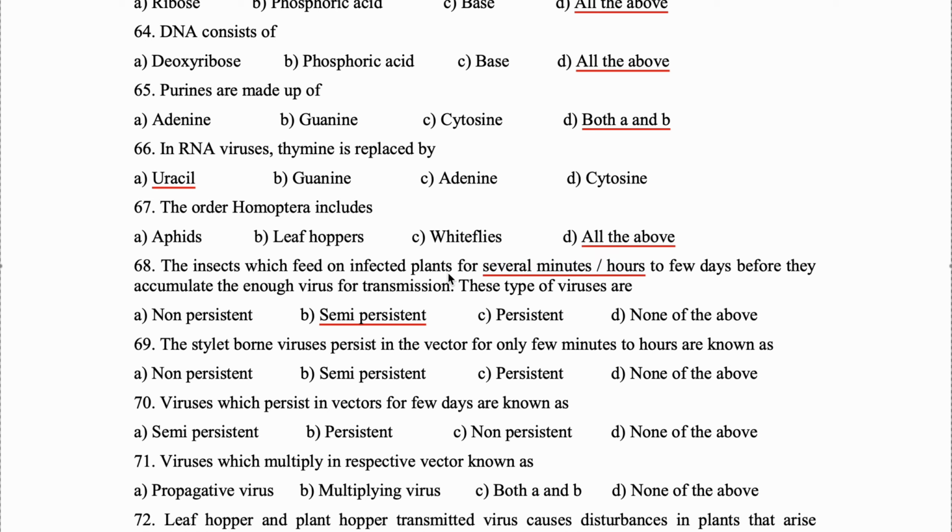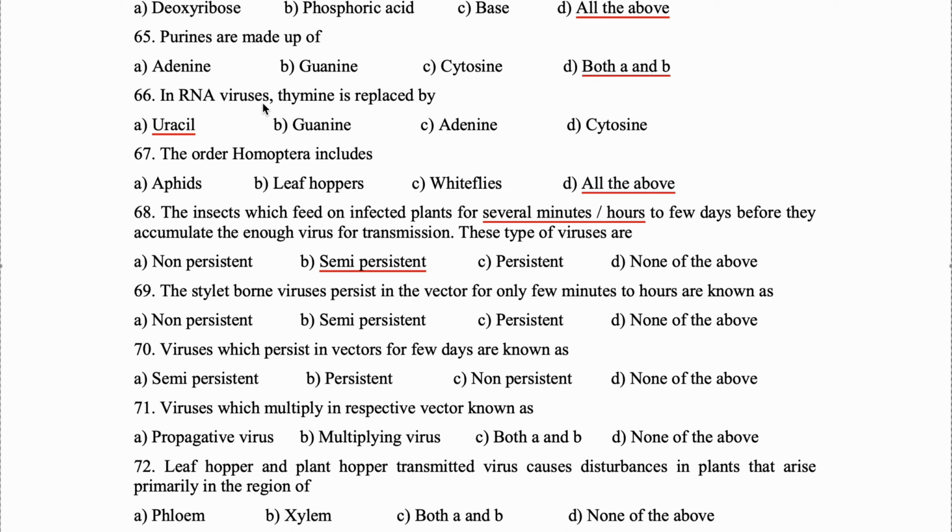If it was less than that, like a few seconds to minutes, then it would have been non-persistent. And if it was asked like days and months, it will be persistent. Okay. So these are the modes of transmission that we study in virology.